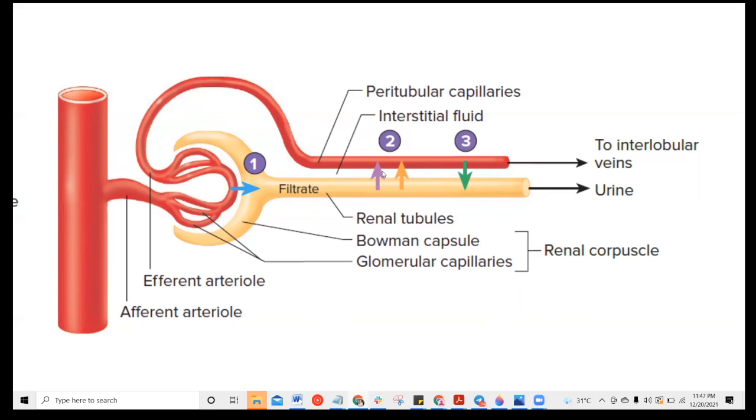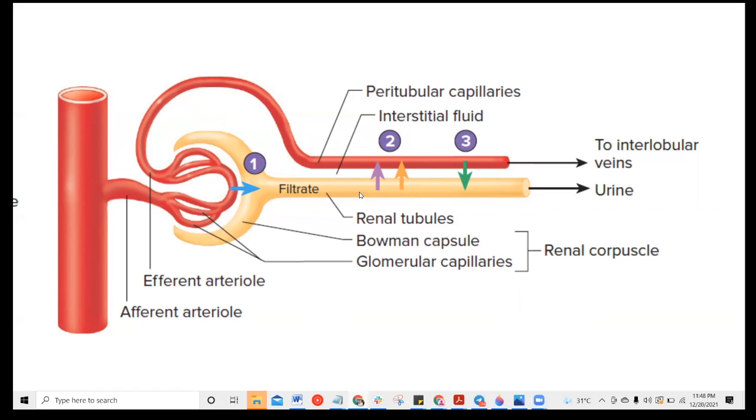The second one, the purple arrow, is across the wall of the renal tubule, this is your renal tubule, everyone, into the interstitial fluid by transport process or co-transport.